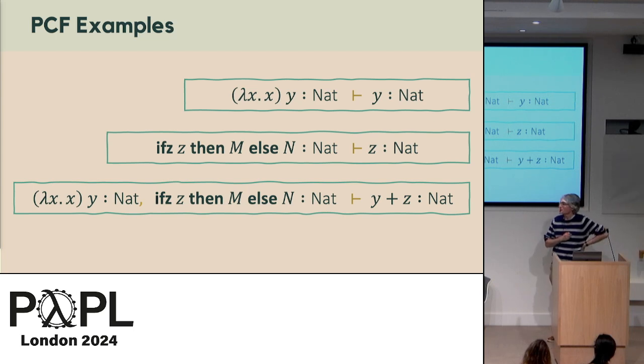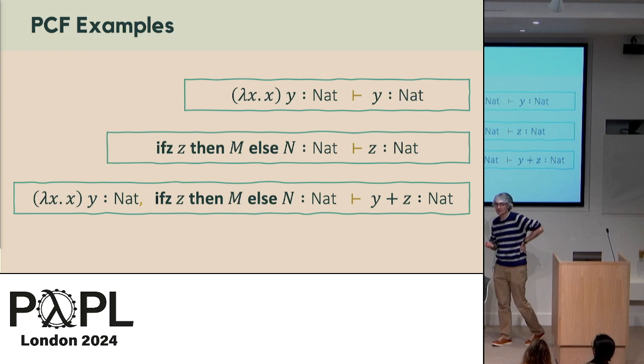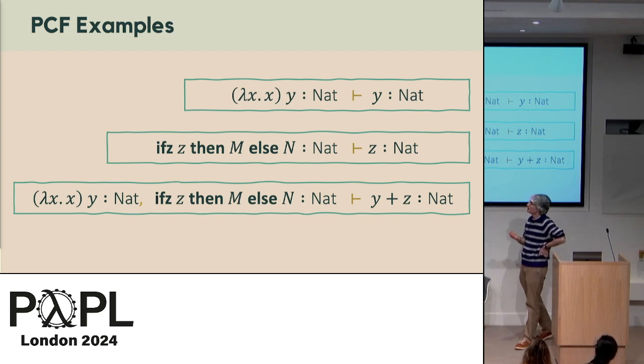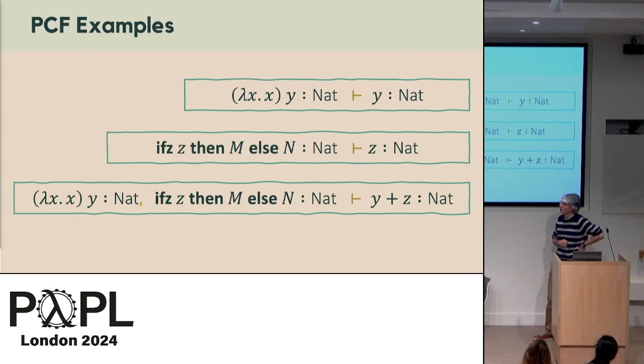Okay, so let's take a look at some examples. These examples are very simple PCF kind of examples, a single base type Nat. So if we assume that the identity applied to some variable y has the type Nat, well, then it follows that y has the type Nat.